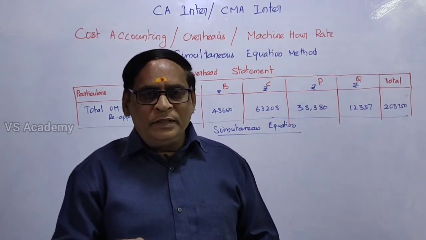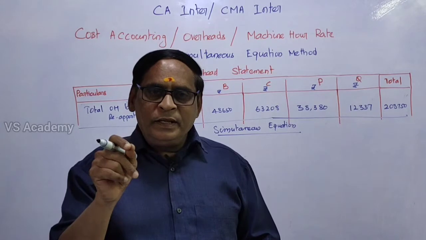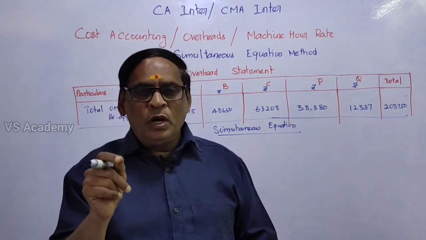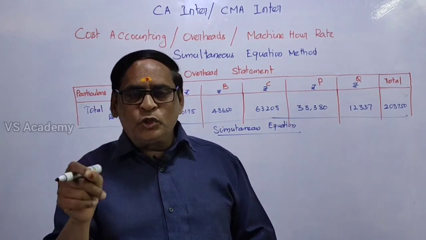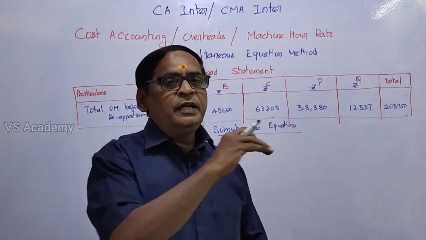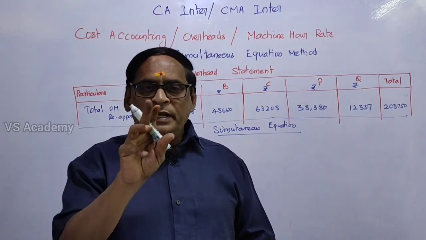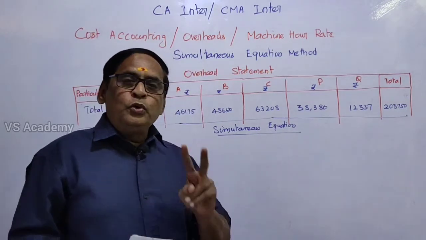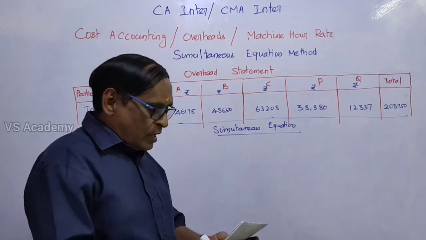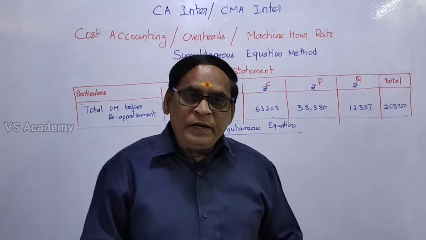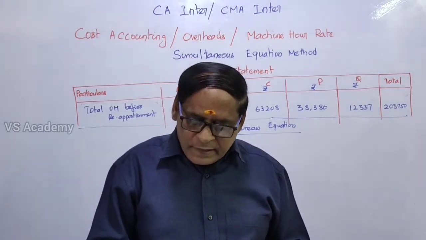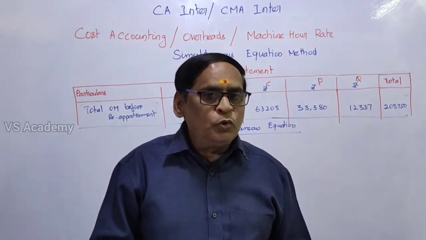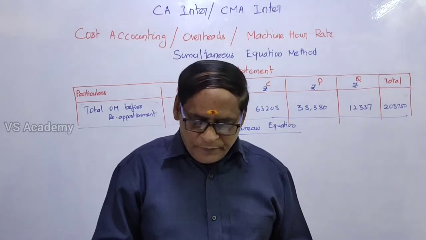But in this method, the total cost of S1 and S2 are to be distributed among the production departments. So under the simultaneous equation method, we have to calculate two equations first, and then on what basis S1 and S2 are redistributed.